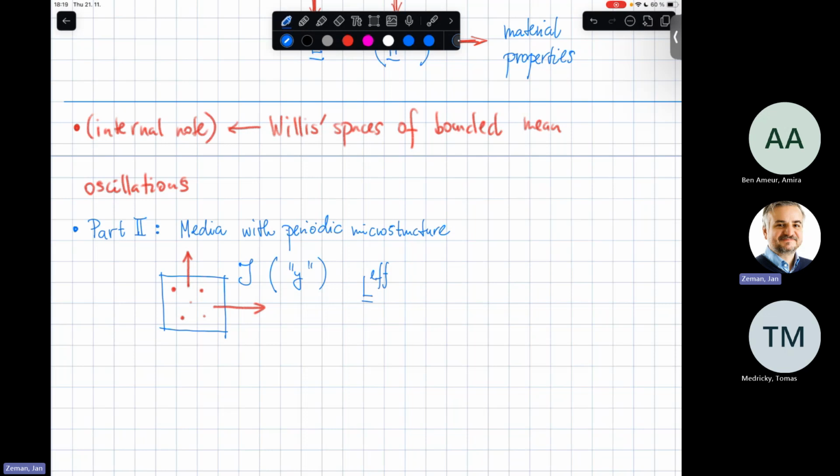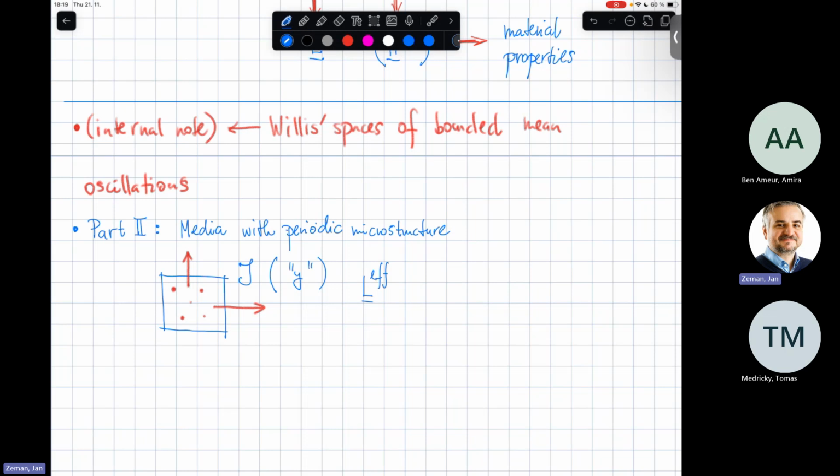So this is the end of my part, and then Martin Doškář just comes with his point. What I wanted to say is that in order to get rid of the finite size dependence and get genuine material properties, there are basically two ways how to get rid of the boundary. One is assuming that I'm analyzing infinitely large samples, which is the case I'll consider now.